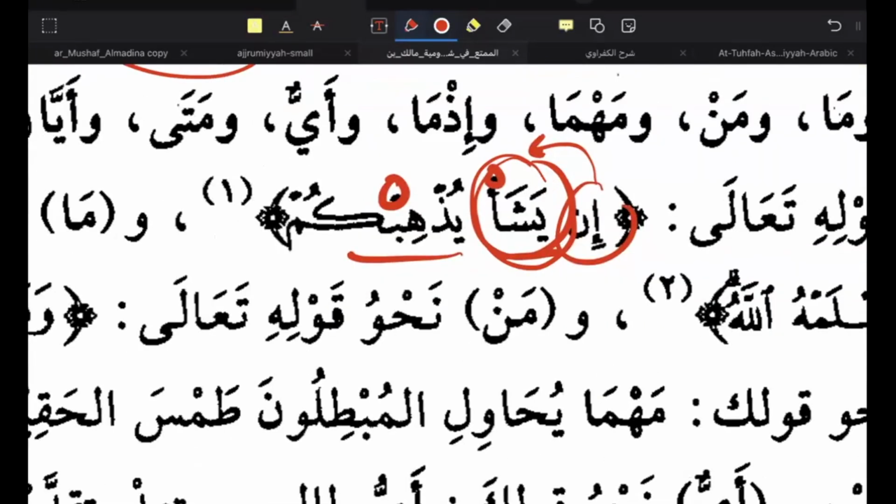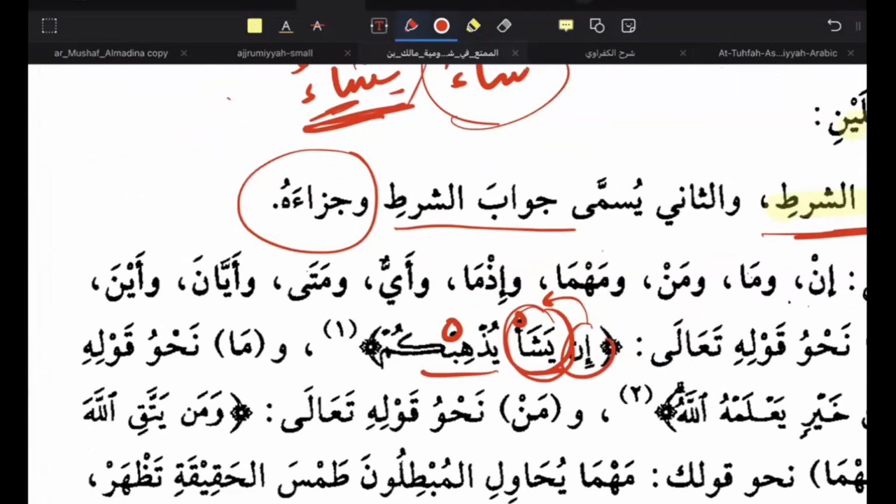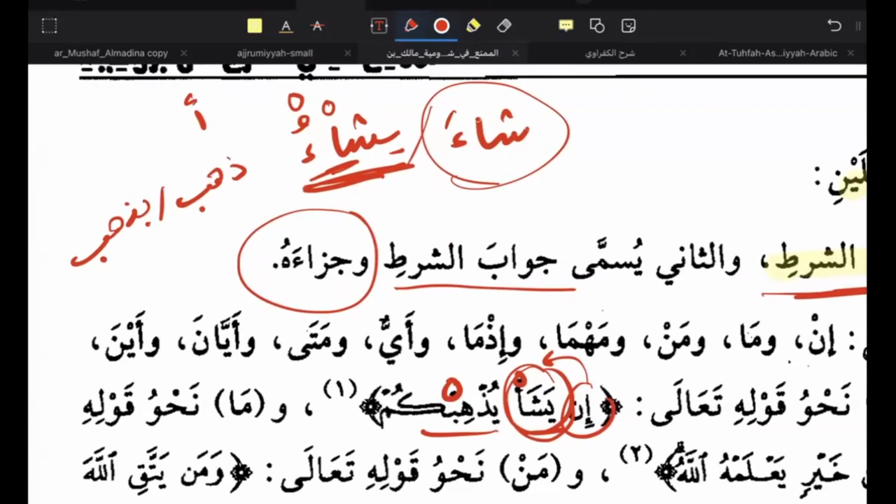Allah is saying, if Allah wills, He would do what? Yudhibukum. The context of the verse, as far as I know, comes from the verb dhahaba, yadhabu. But this is the form of adhaba, yudhibu. So what does adhaba yudhibu mean?